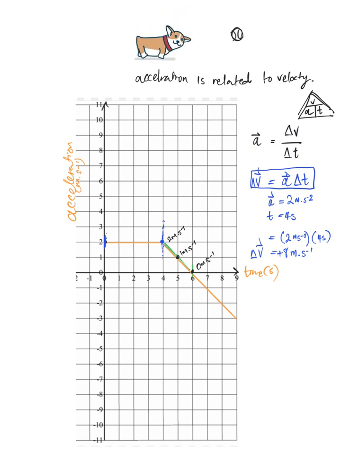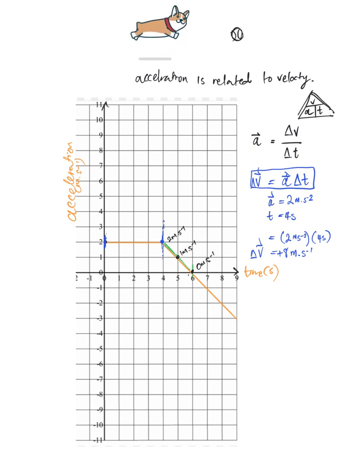So the acceleration is changing over that line until the point 0, and it keeps changing. How would I ever figure this out? I would have to plug in the values in that period of time, the 2 seconds between 4 and 6, but that's too many values because I only have one formula.